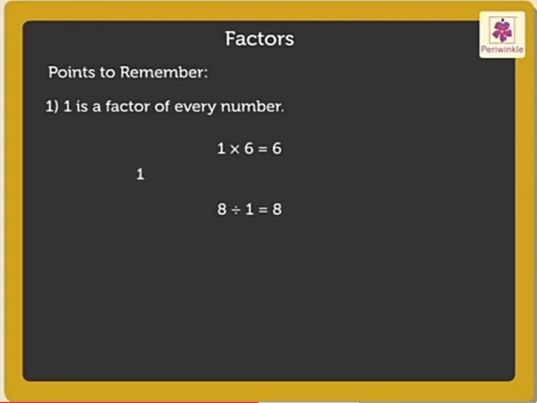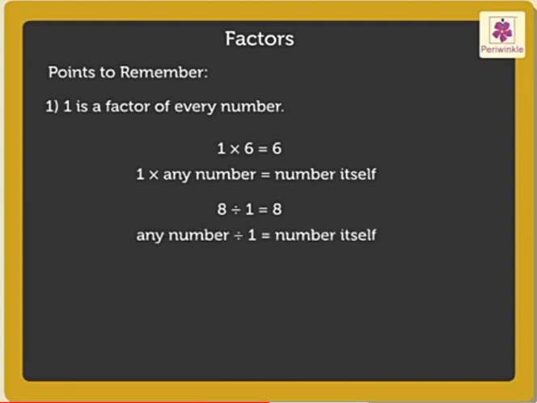Thus, 1 multiplied by any number gives the number itself as the product. And any number divided by 1 also gives the number itself as the quotient. Hence, we conclude that 1 is a factor of every number.